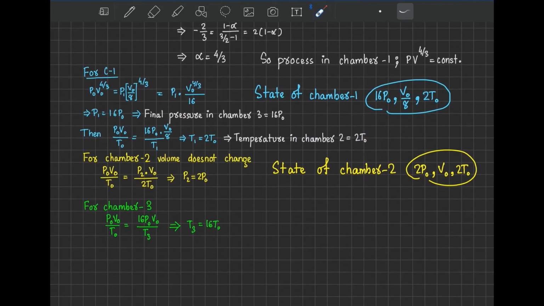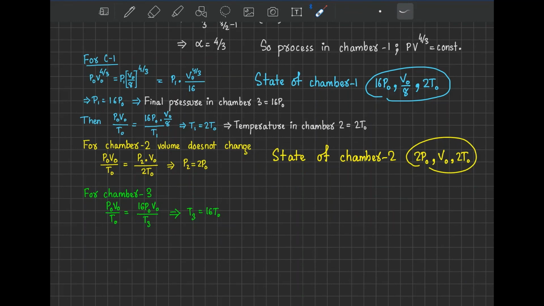Now again for the first chamber, we can put PV by T equals constant because the number of moles is constant. So P0 V0 by T0 equals final pressure 16 P0 into final volume V0 by 8 by final temperature T1. From here we get T1 equals 2 T0.